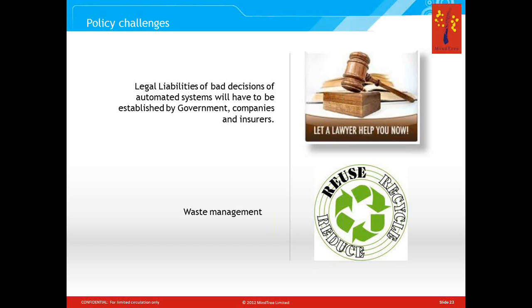That is also going to be a challenge, because once the technologies are available, the companies and the people will make use of them. You will see a huge number of such sensors and devices getting deployed, which you don't see today. Just because the technology is available and you can derive the benefit, those technologies will be developed. So there is a challenge of waste management also, and we may need policies for that too.